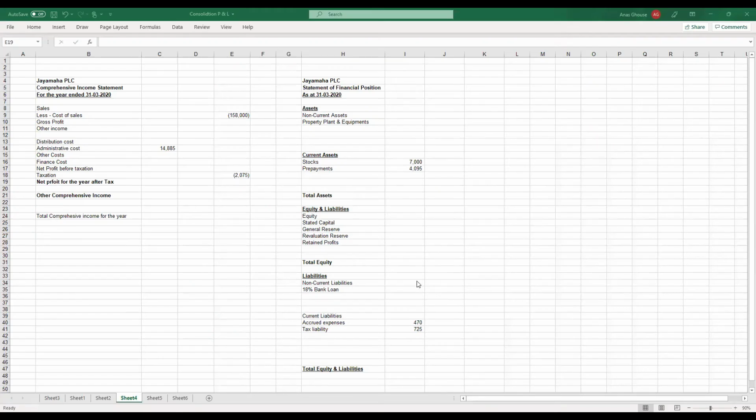So under current assets, we'll take accounts receivables. Basically it is 12,400,000 minus 1,240. So it will be 11,160,000.